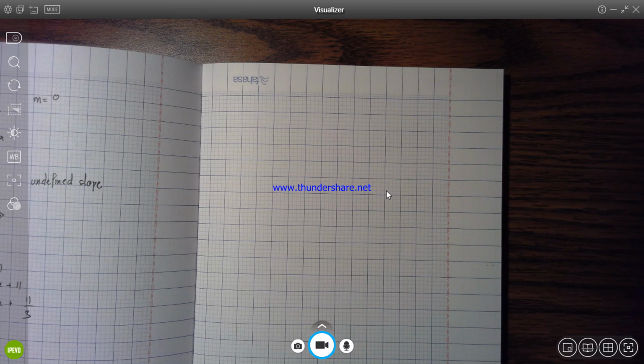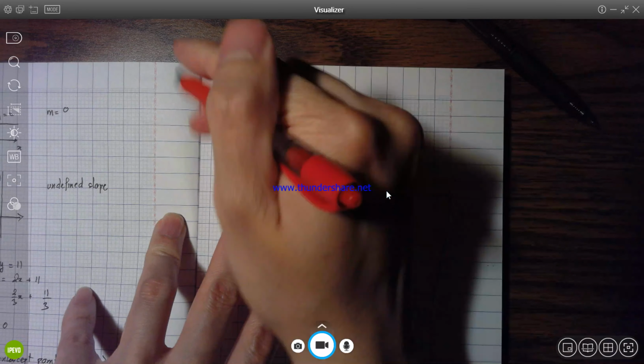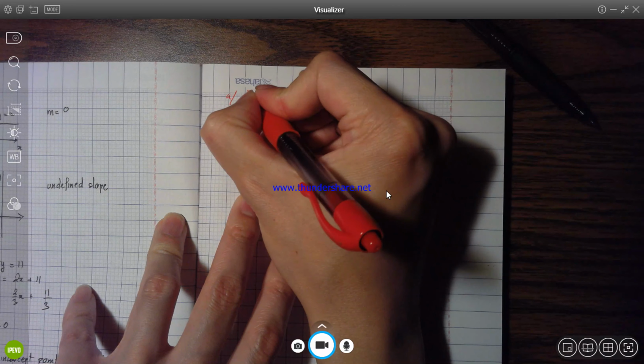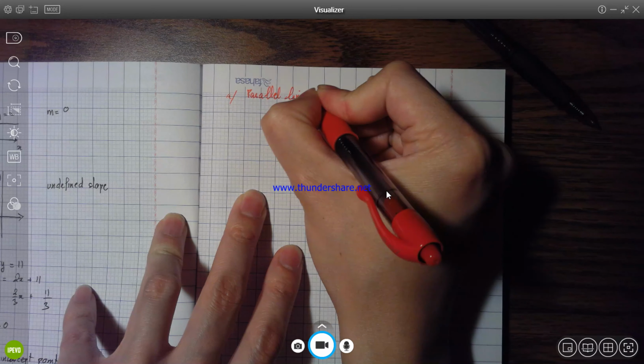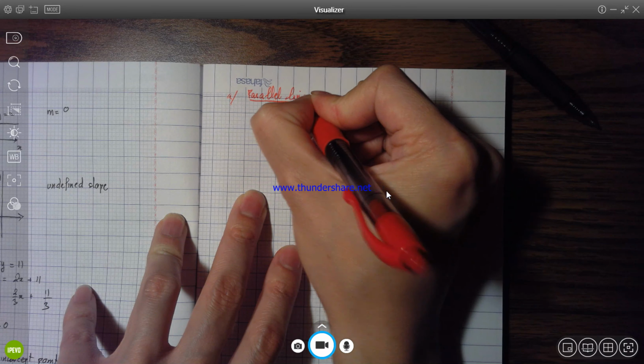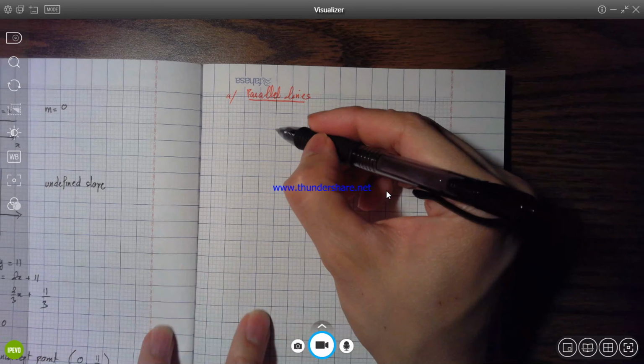Now next, what if I have two lines on the coordinate system, and those two lines are parallel to each other? So we have parallel lines.